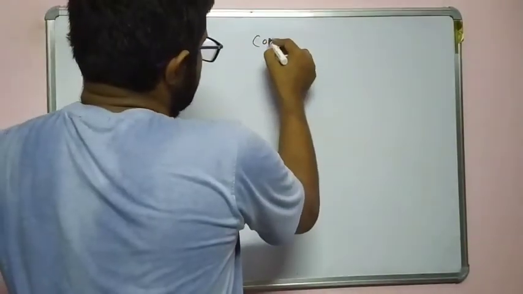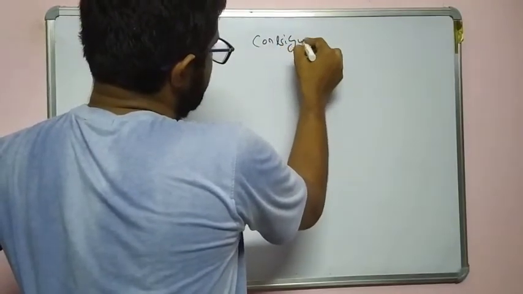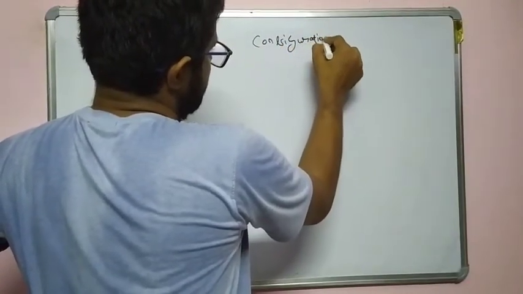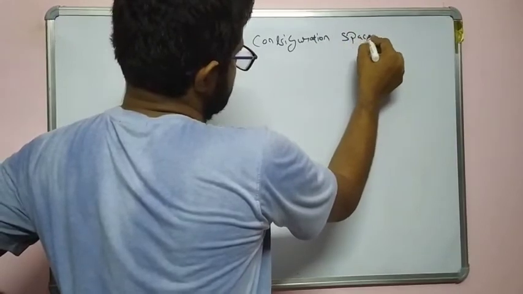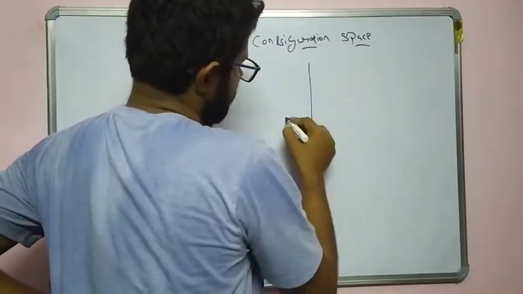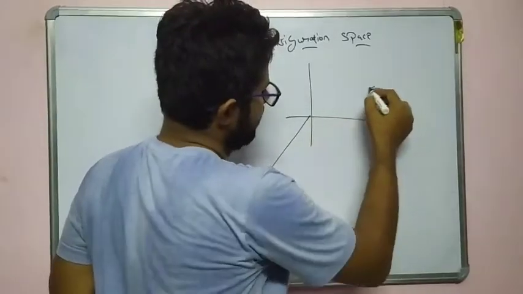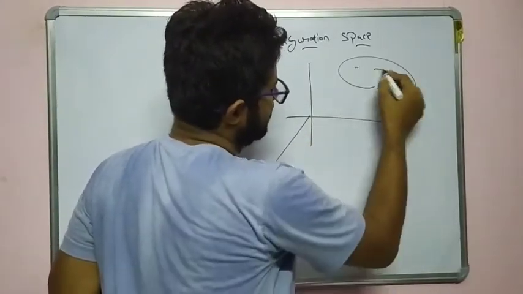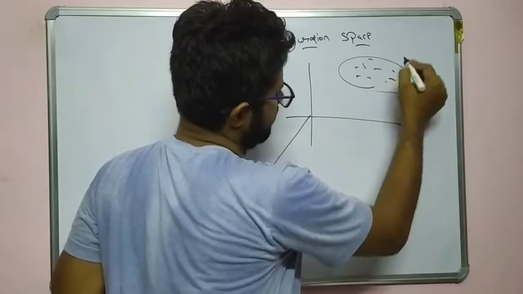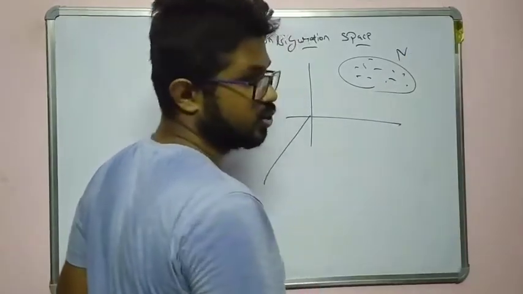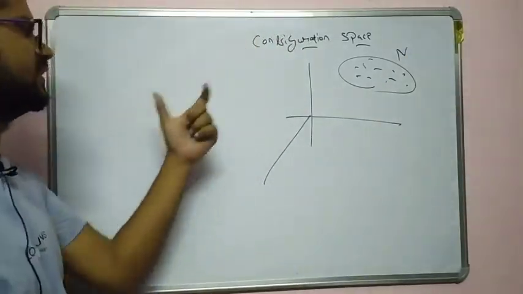Another main thing that we are going to discuss is configuration space. We have taken 3 dimensions, and a system consisting of n number of particles. N is the total number of particles in the system.